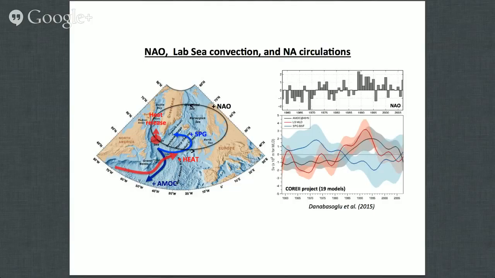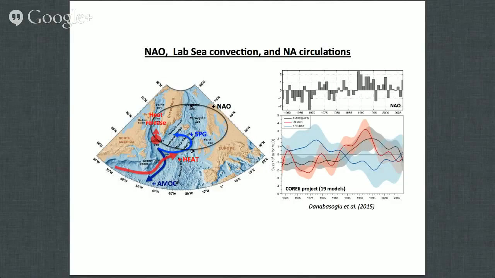Part of these anomalies recirculate around the subpolar gyre, which enhances the subpolar gyre strength, and part of this anomaly propagates further south into the subtropics, so that enhances the overturning circulation, and that will bring heat into the subpolar ocean.